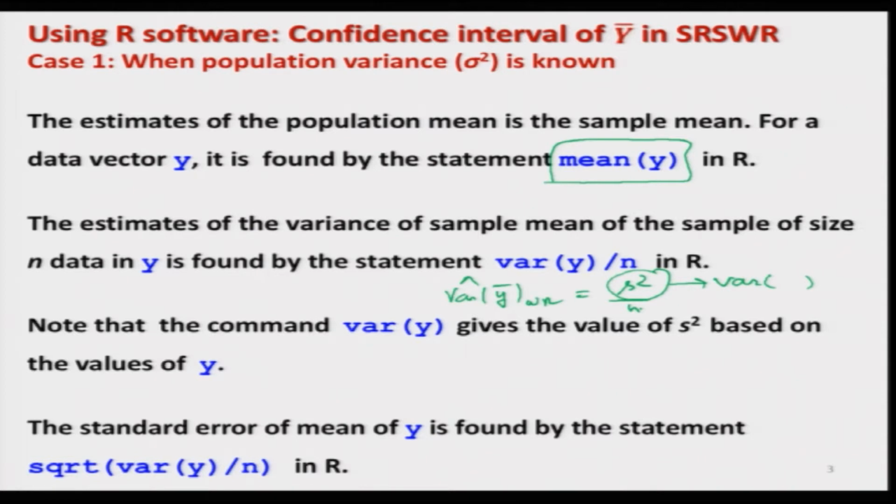If you want to find the standard error, you simply have to take the positive square root. So the variance of y bar, the sample mean, can be estimated using the command variance of y divided by n, the sample size, and its standard error can be computed by taking its positive square root.